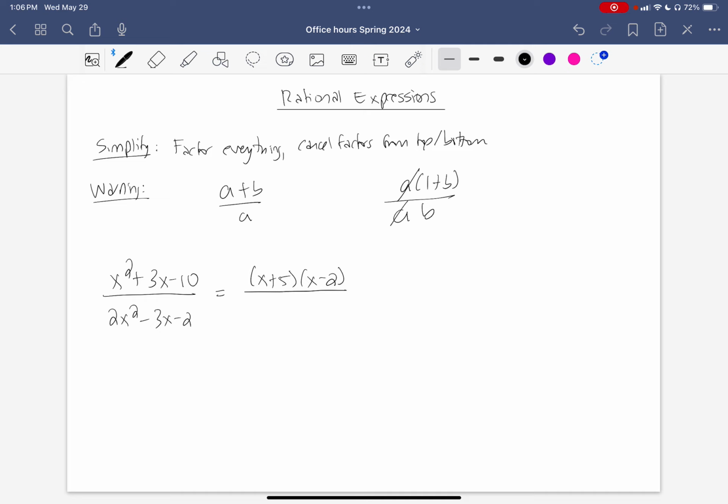On bottom, it factors as x minus 2, 2x plus 1. I'm not showing all of the work of those again, but we have reviewed how to do them. I notice that both top and bottom have an x minus 2 factor, so it can cancel, and I'm left with x plus 5 over 2x plus 1.